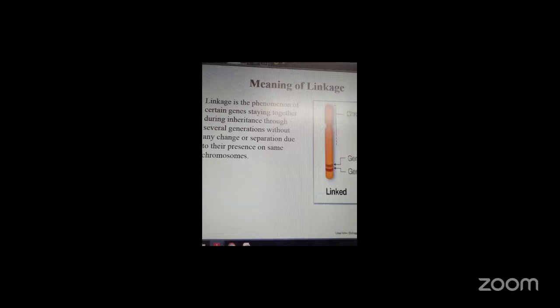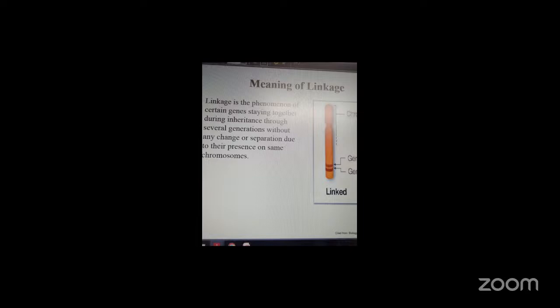What are the characteristics of linkage? Linkage involves two or more genes which are linked on the same chromosome in a linear fashion. Linkage reduces variability. It may involve either dominant or recessive alleles, or sometimes some dominant and some recessive alleles.